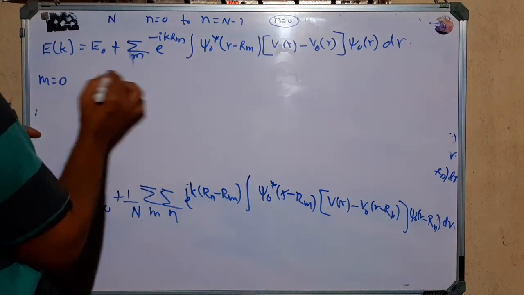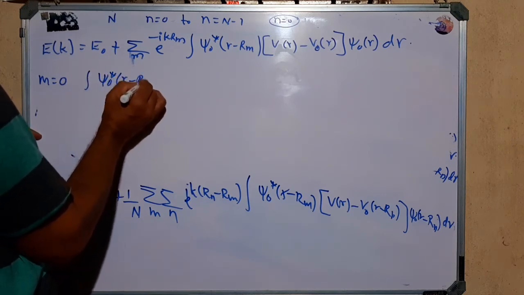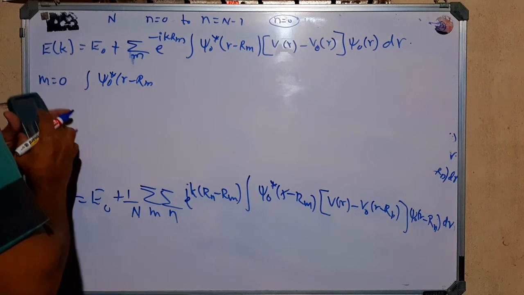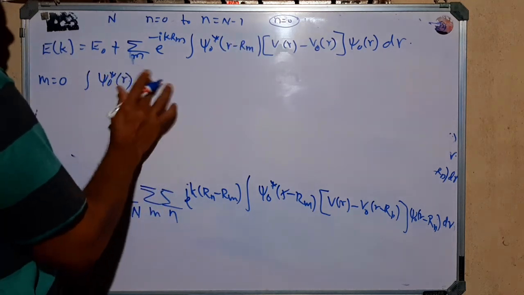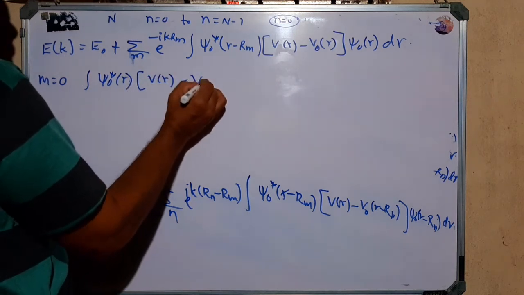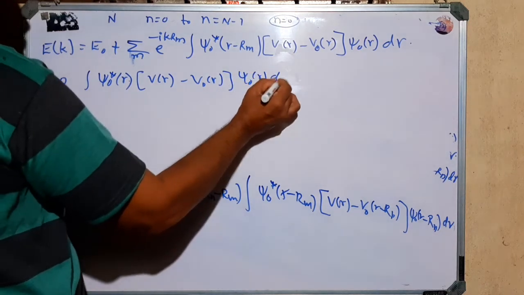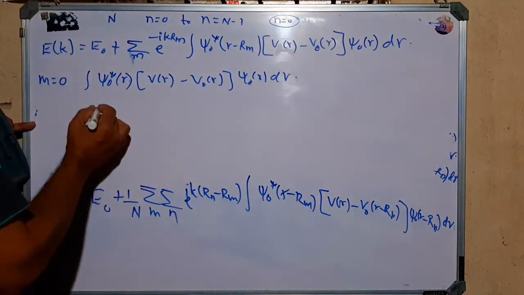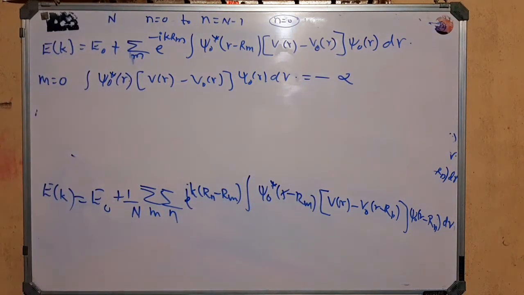The remaining terms are xi naught star of R, [V of R minus V naught of R], xi naught of R dr. Let us take this one as minus alpha.